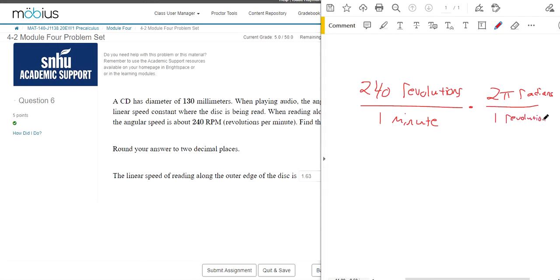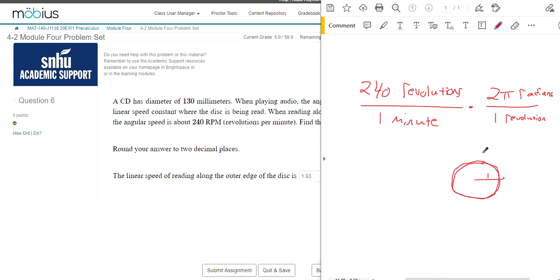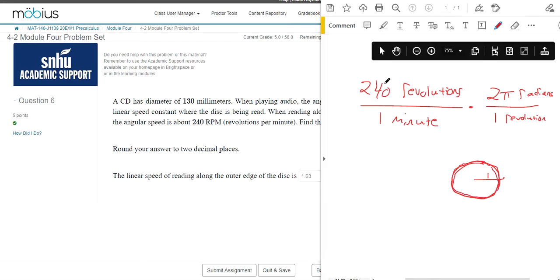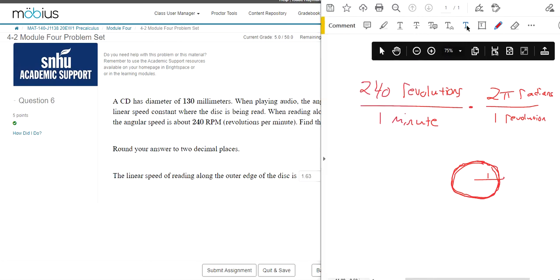So one total spin around the disk, that's 2 pi in radians. Because remember, radians is talking about the unit circle. We have a radius of 1, and so the total distance around this circle is 2 pi. So this is getting us towards the idea of the linear speed, that it's this total distance. When we convert it to radians, now we're starting to talk about the circumference of the circle instead of talking about the angular speed, how fast the angle is changing.